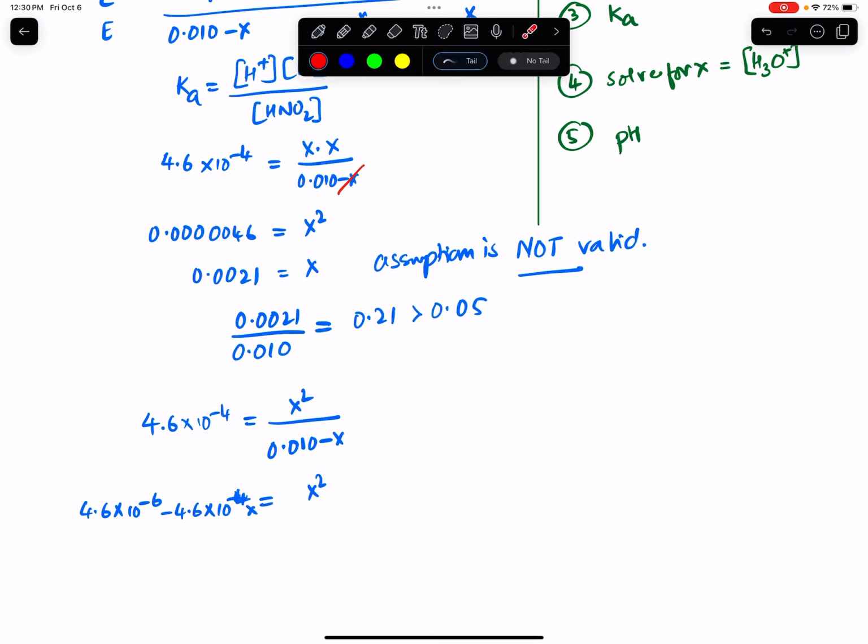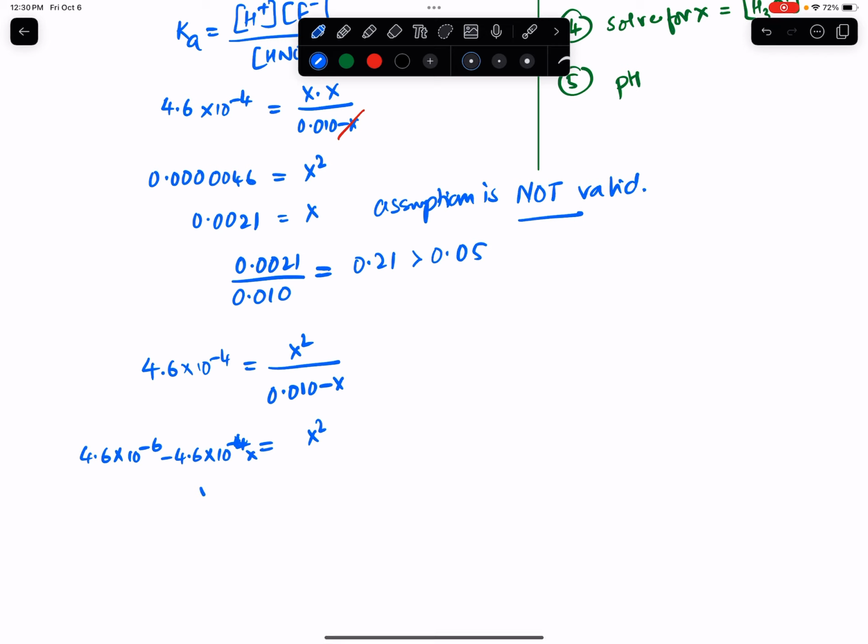If I take all these terms and put them on the left, switching signs and making the right equal to 0, I get x squared plus 4.6 times 10 to the negative 4 x minus 4.6 times 10 to the negative 6 is equal to 0.